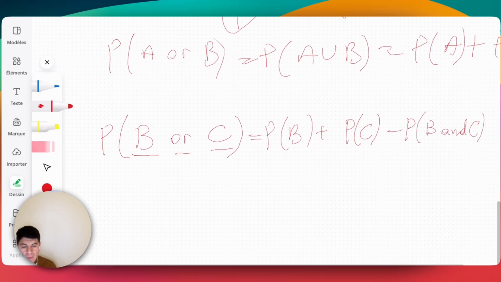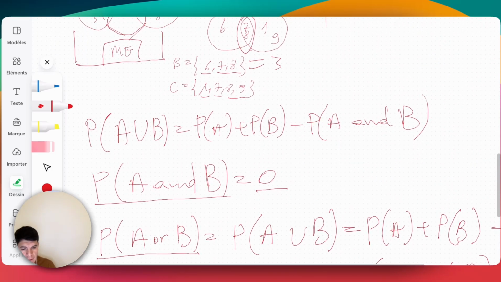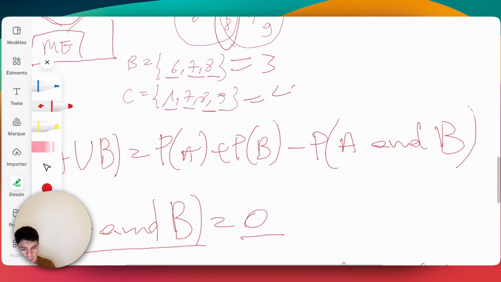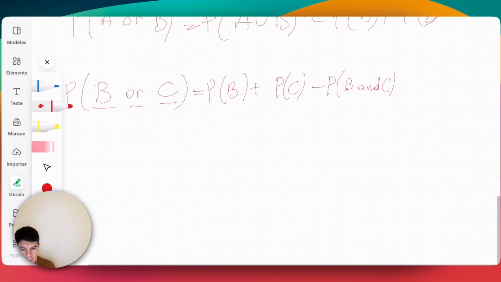So what does this mean? For the probability of event B, we have only 3 elements, and C has 4. In our case, the probability of event B is 3 divided by 9, because in total we have 9 numbers in our example.